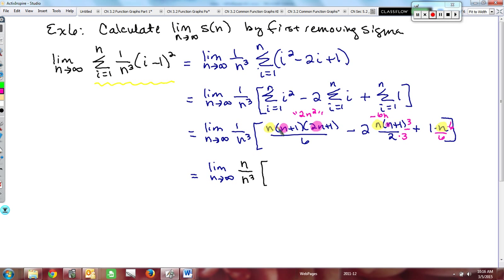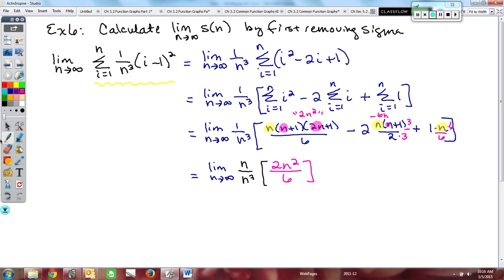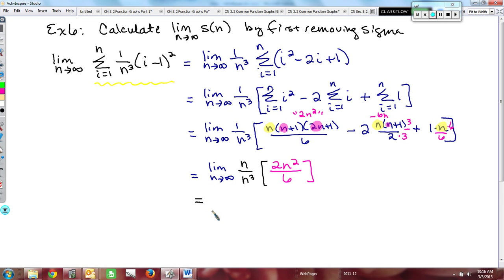The dominant term, if I were to take this minus twice this plus this, is going to be the 2n squared. So I'm going to bring only the 2n squared down and the 6 from there. So it's the magic of limits at infinity. We don't care about the other stuff that's being added to the dominant term.